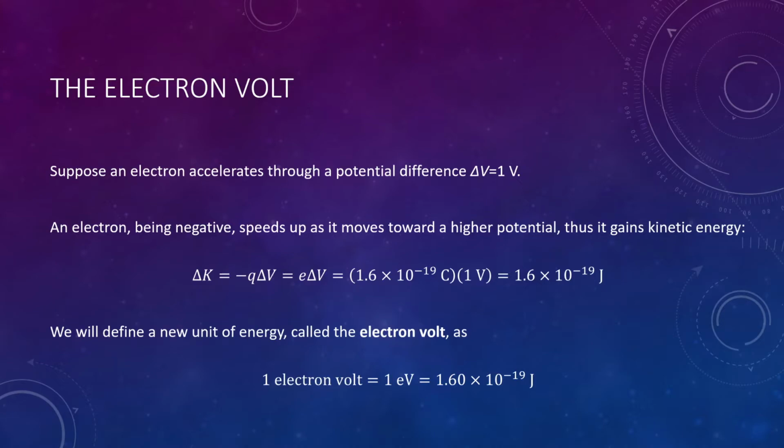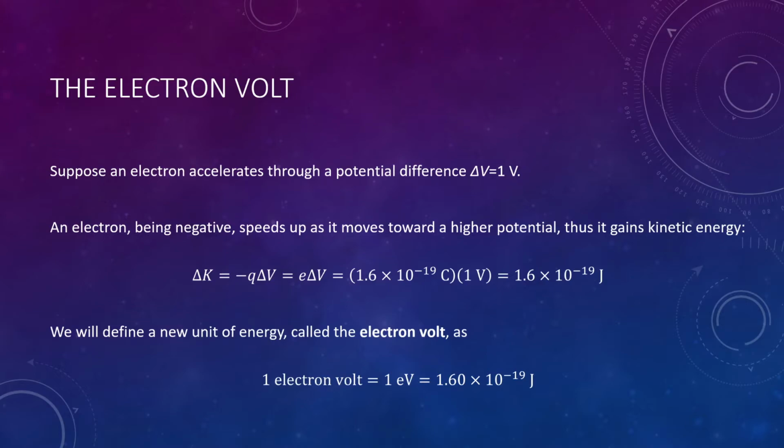So the idea here is that we introduce a new unit called the electron volt. The electron volt, based on the process I give on this screen, is 1.6 times 10 to the minus 19 joules. So that is your conversion factor. 1 electron volt is 1.6 times 10 to the minus 19 joules.